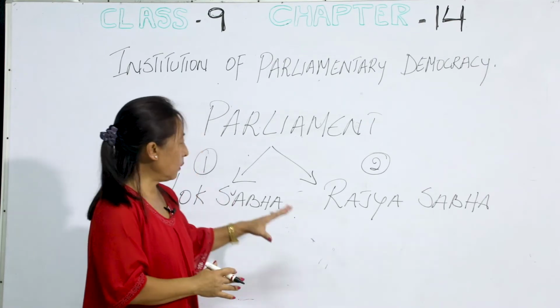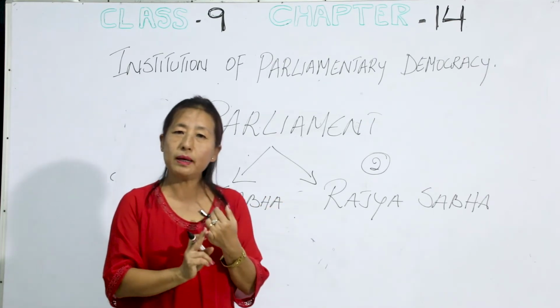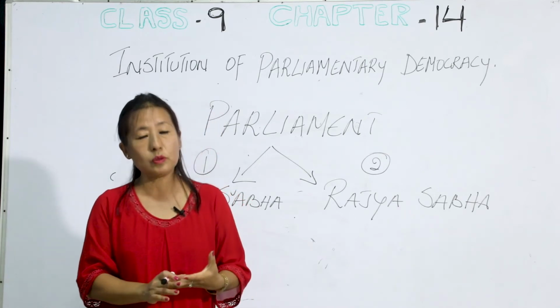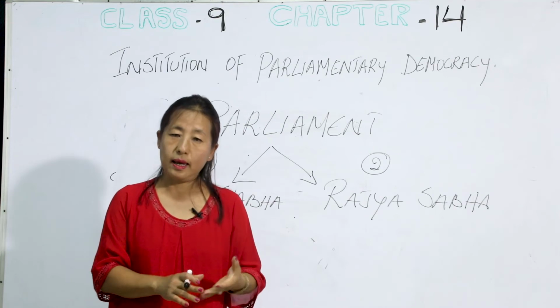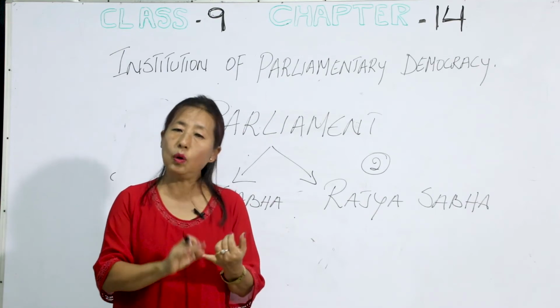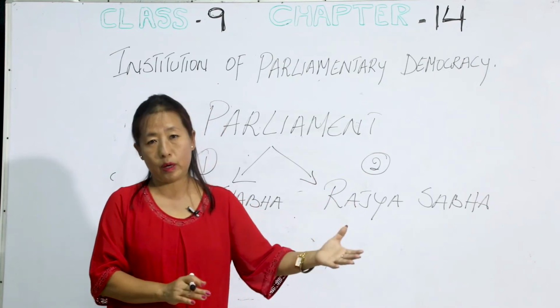Now, talking about these two, Lok Sabha is called the lower house and Rajya Sabha is called the upper house.